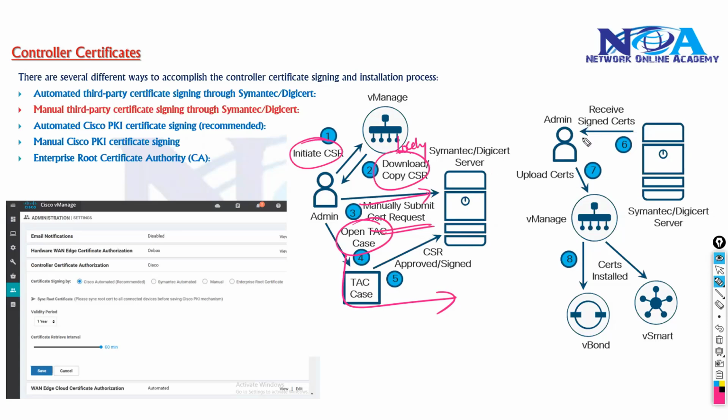Once this is done, you will retrieve the certificate, and then you have to manually upload these certificates to the vManage, vBond, and vSmart. So the basic difference between these two options is that you use the Symantec DigiCert cert, where one process is automated and the other you have to do a little manually.